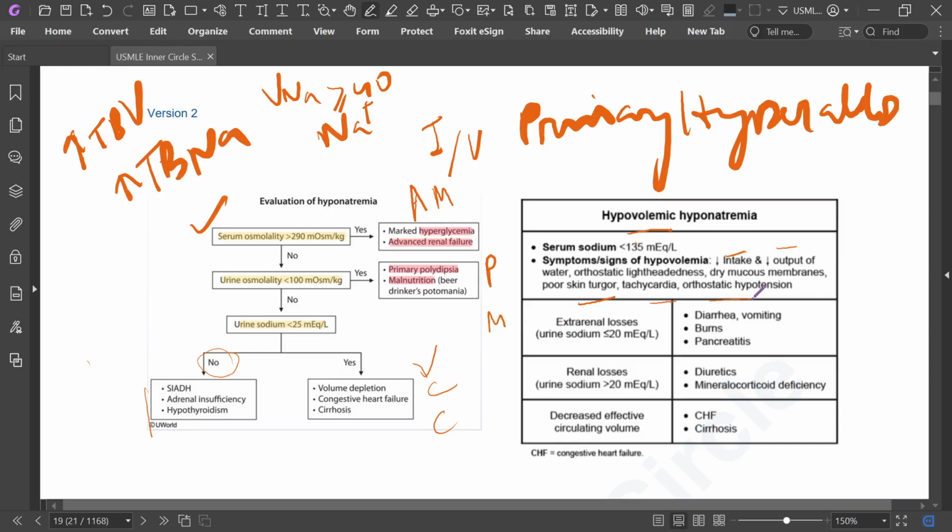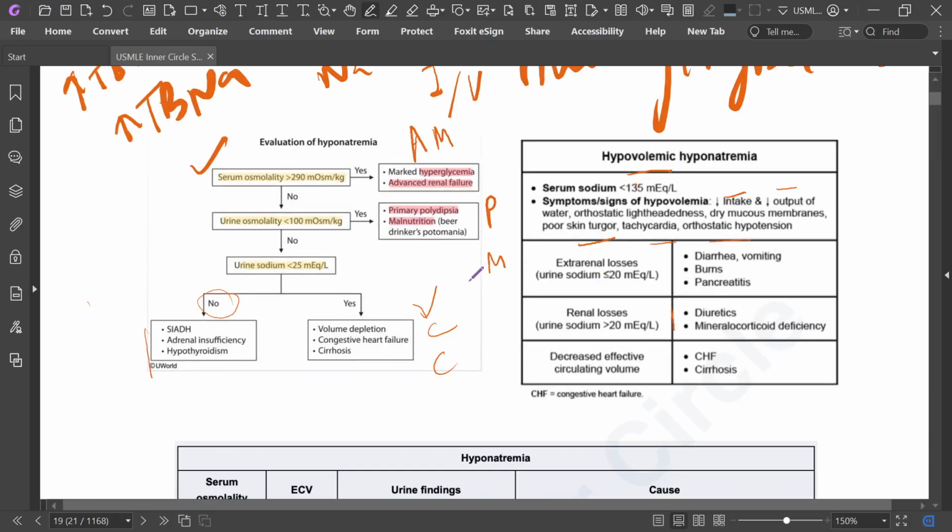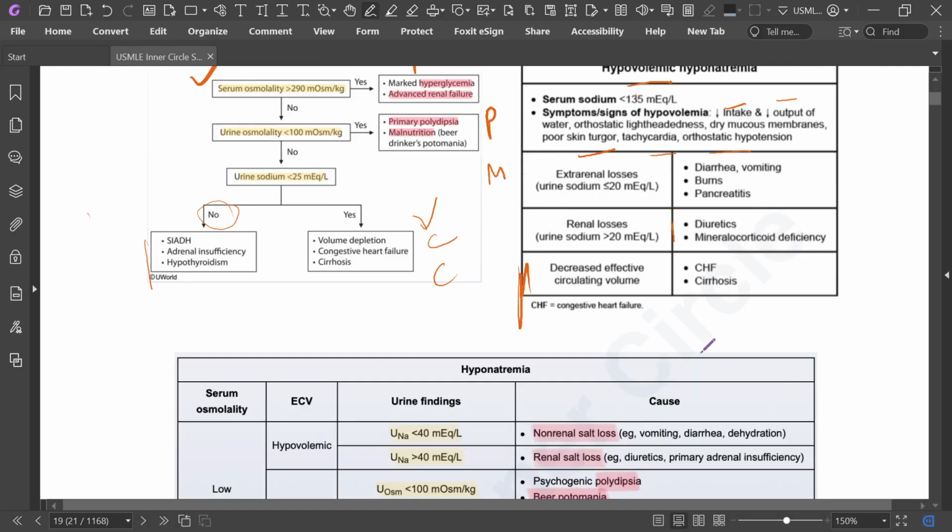It may be due to diarrhea, vomiting, burns, pancreatitis. If it is renal losses, urine sodium is higher. It may be diuretics and mineralocorticoid deficiency. If it is decreased effective circulating blood volume, it may be due to congestive heart failure and cirrhosis.